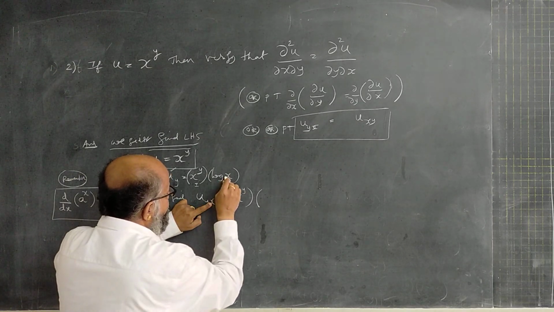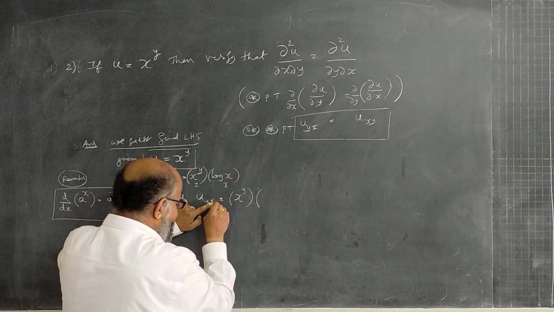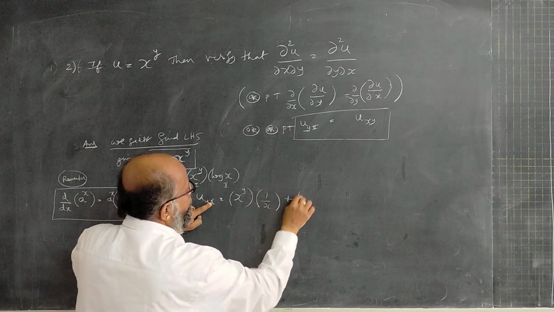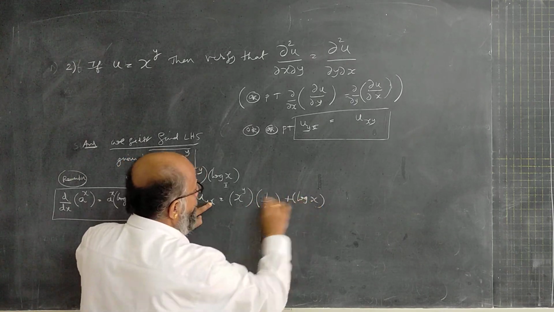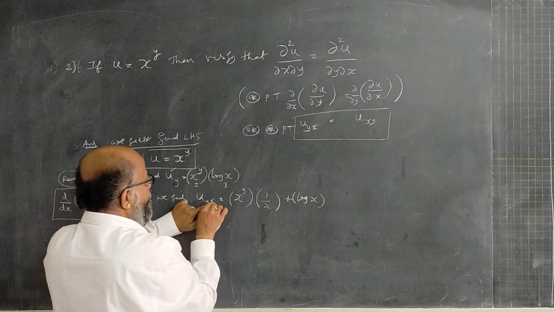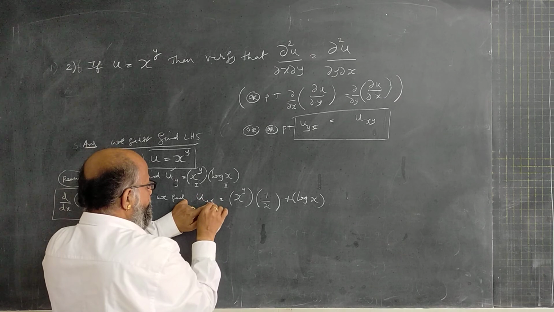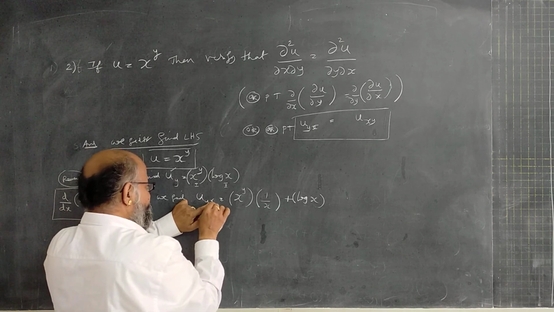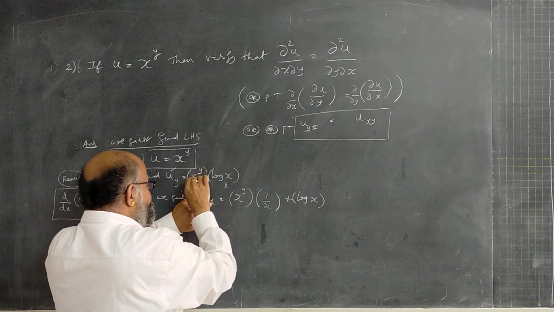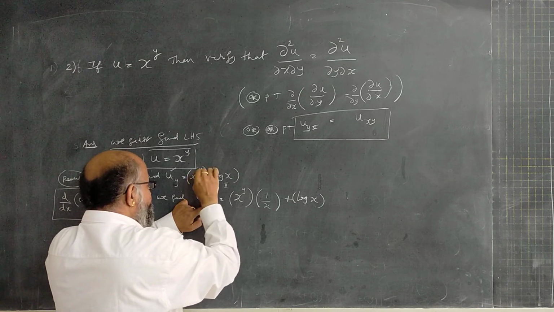Log x, when you differentiate with respect to x, is 1 by x, plus the second function log x into the differential of the first function x to the power of y with respect to x. Because you are partially differentiating with respect to x, any y term here is like a number. So it is like x to the power of some number, like x cube, x square, like that.